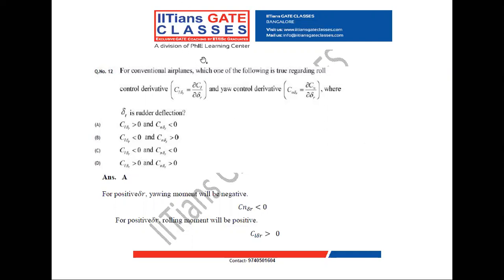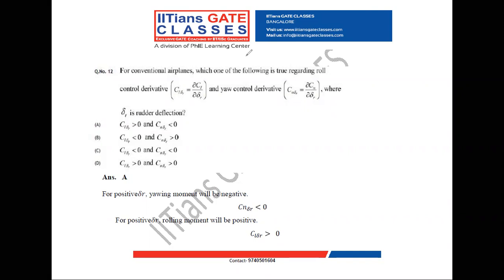Before answering this question, we have to see what is the sign convention usually followed. Rudder deflection towards starboard is positive, yawing movement towards starboard is positive, rolling movement towards starboard is positive.